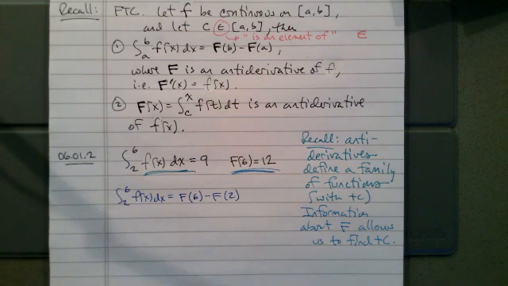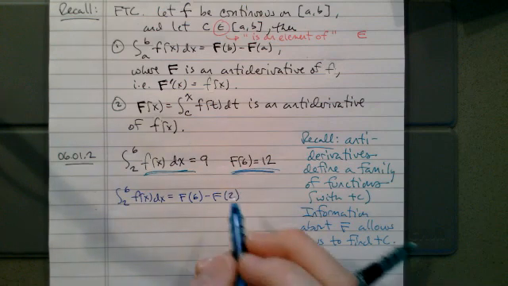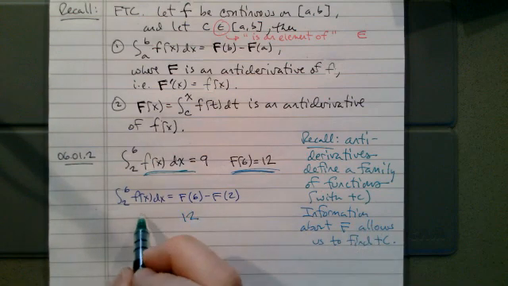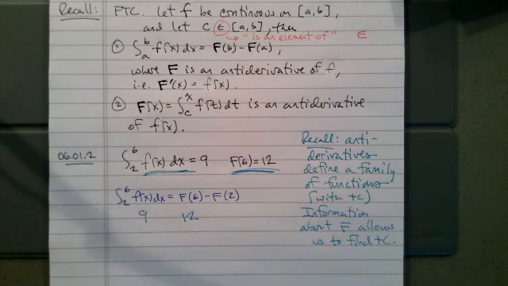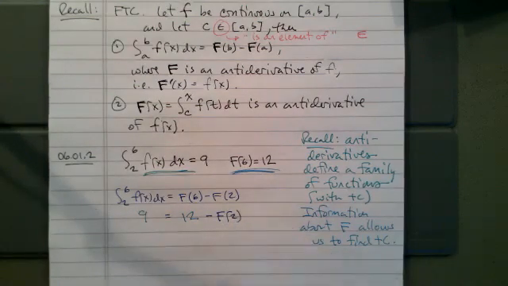So now I have how much the function capital F changed from 2 to 6, and I know where the function ended up at 6. So I can plug in the 12 for capital F of 6, the 9 for the integral from 2 to 6, and that'll allow us to solve for capital F of 2.